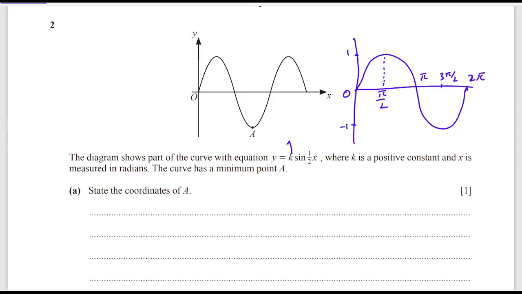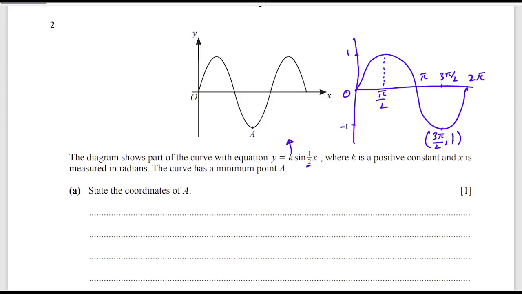Here we have transformations of the sine graph. This k is a vertical stretch, and this number 1 over 2 represents a horizontal stretch with a stretch factor of 2. Originally, the minimum point of the sine function has coordinates 3 pi by 2 and minus 1.